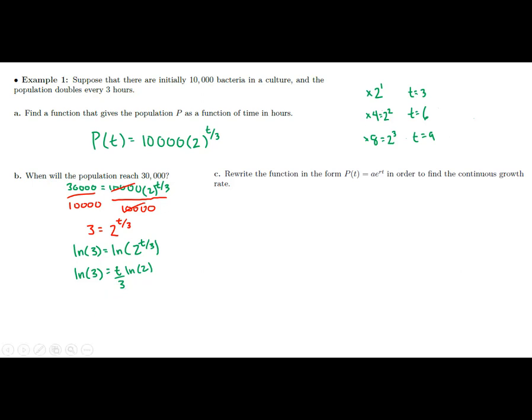So if I multiply by the reciprocal of the natural log of 2 over 3, so I multiply by 3 over the natural log of 2, then everything cancels out here on the right side. And of course, this is an application, so instead of worrying about getting the exact form of the answer down, let's just go ahead and put all that in our calculator. And when we do, we should get 4.75 hours have gone by, right?